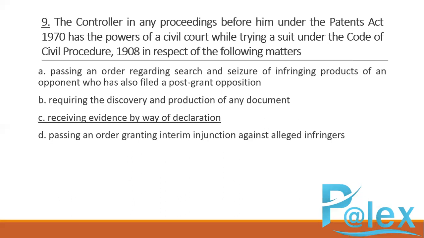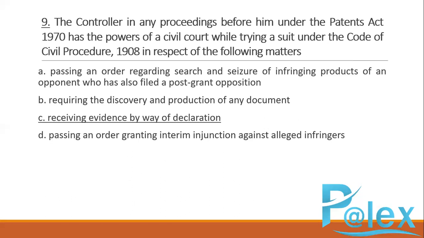The controller cannot seize infringing goods. Controller cannot give an order for interim injunction. See, the enforcement of the patent comes, I would say, in the broader purview of the courts and not the patent office.